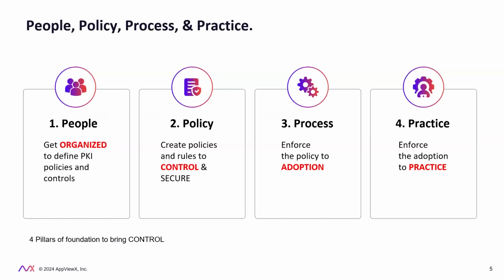All right. So before we start discussing PKI policies and standards, for any organization or any government, or anything that you want to bring control to, these are the four foundational pillars that you need. One, people with a conscious mind who want to do the right thing in the right way will join together and define policies, rules, standards and all of that.